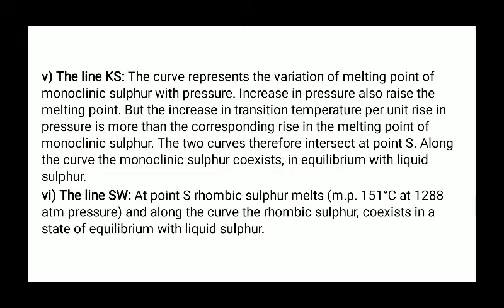An increase in pressure also raises the melting point, but the increase in transition temperature per unit rise in pressure is more than the corresponding rise in the melting point of monoclinic sulfur. The two curves therefore intersect at point S. Along the curve, monoclinic sulfur coexists in equilibrium with liquid sulfur. The line SW: at point S rhombic sulfur melts, and along the curve rhombic sulfur coexists in a state of equilibrium with liquid sulfur.